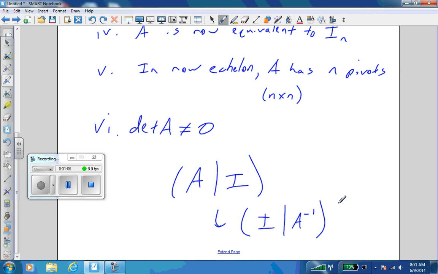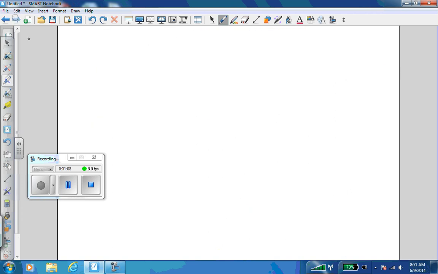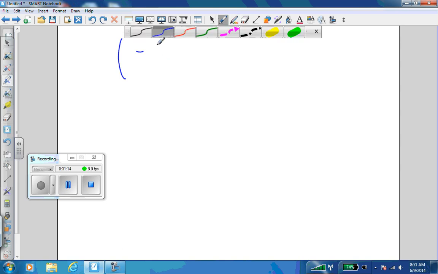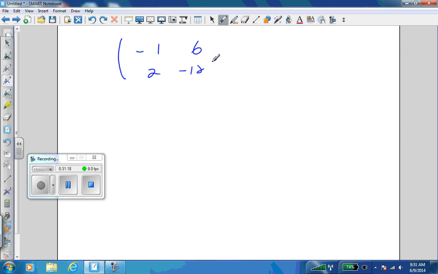So let's look at an example. I hope I copied it down correctly. If we wanted to find if it is invertible, and if it is invertible, what the inverse is, since it's 2 by 2, we could go through a shortcut and say, well, what is the determinant?